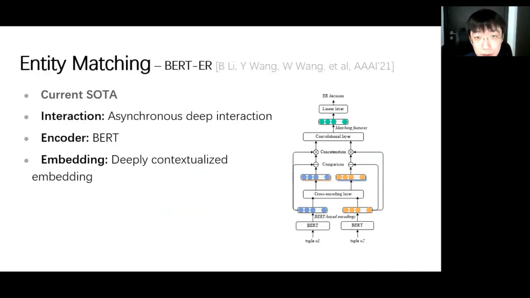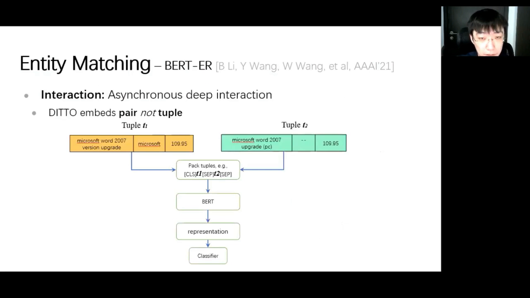The current SOTA entity matching model is BERT-ER. This model is different from the previous ones, which use a synchronized interaction. For example, given two tuples T1 and T2, the previous models need to pack the tuples together first and then feed them into BERT.